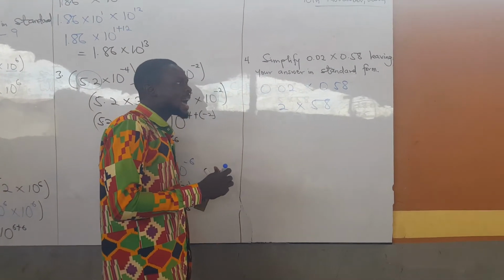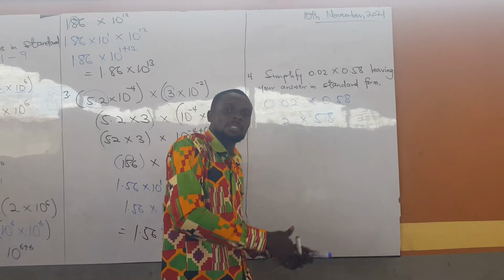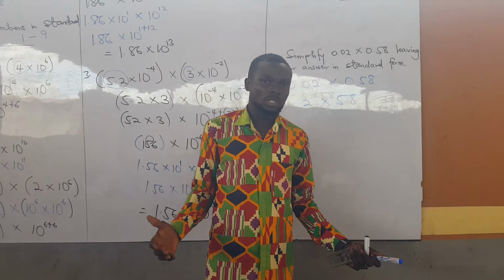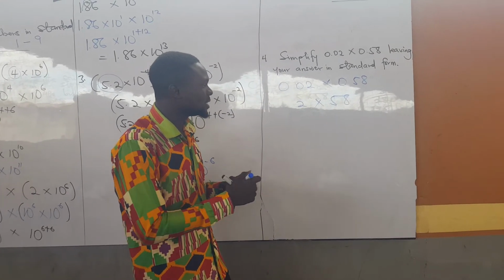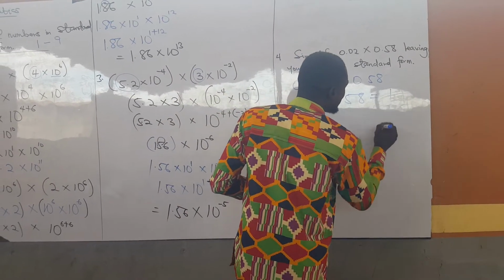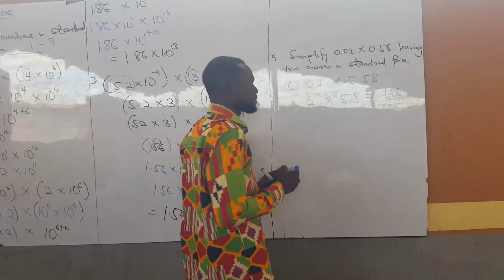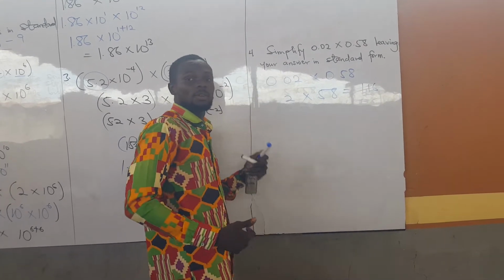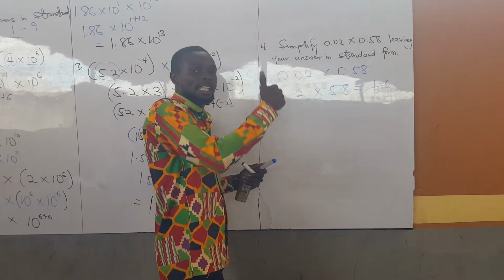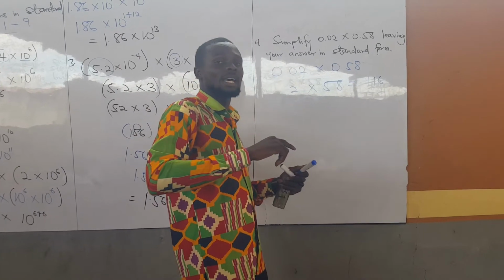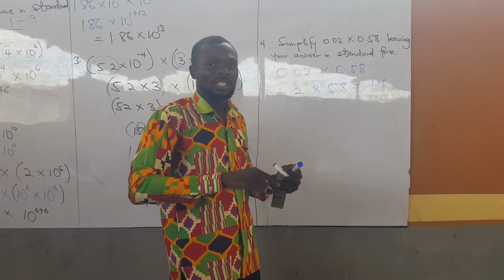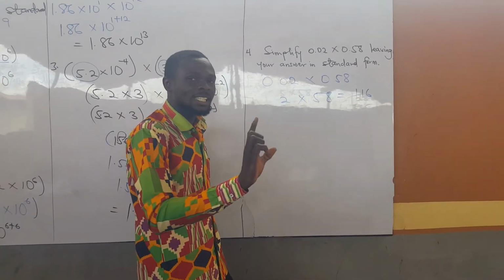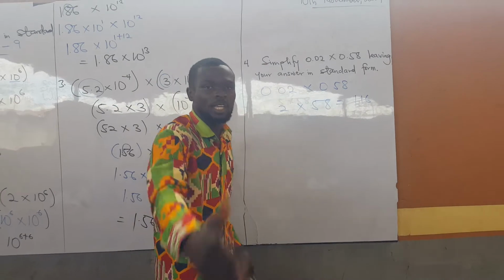So after multiplying 2 times 58, what is going to be your result? 2 times 58 is going to give us 116. 8 plus 8 is 16, so we write 6, remainder 1. And 5 plus 5 is 10, plus your remainder gives you 11, which is 116. Good.